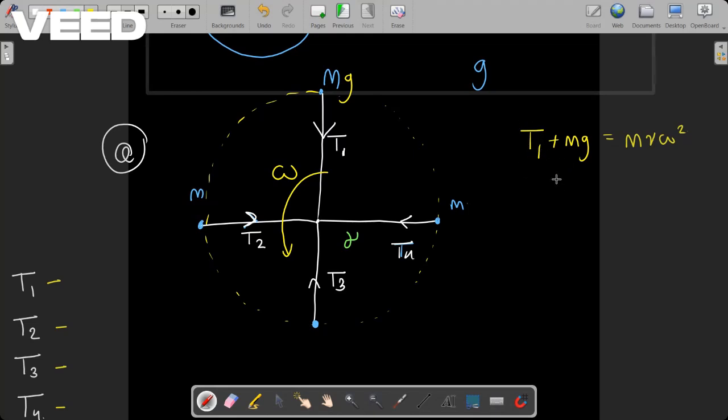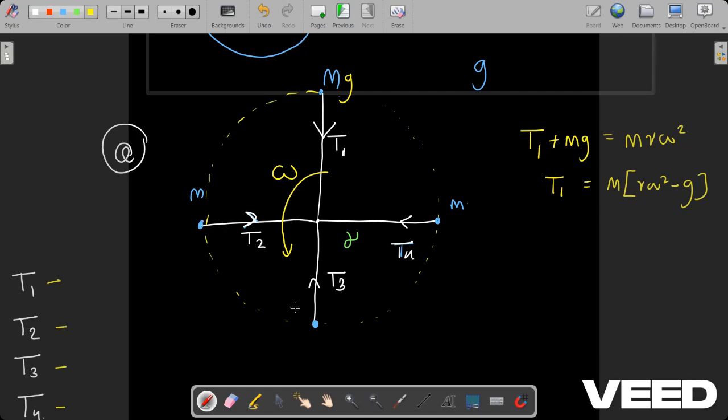So you can make T1 the subject: T1 equals M, in a bracket, R omega squared minus G. So that is the tension.